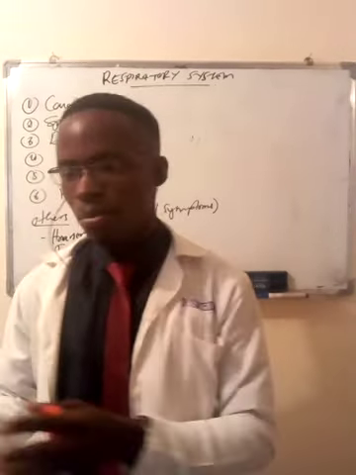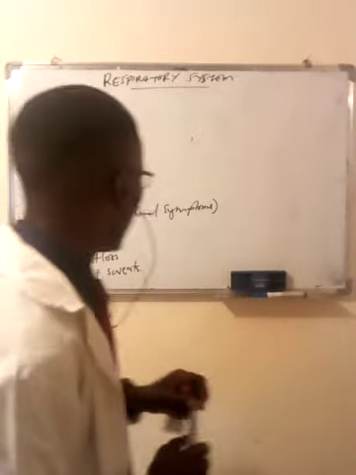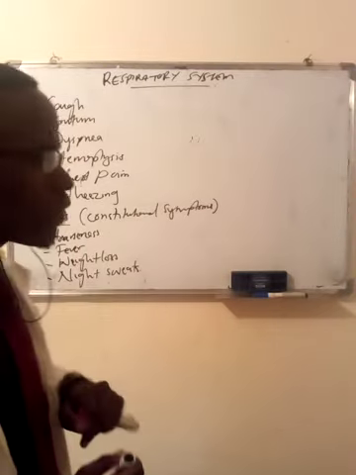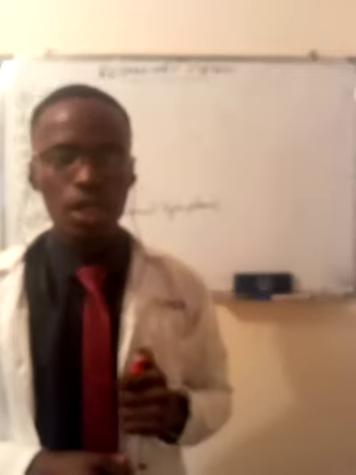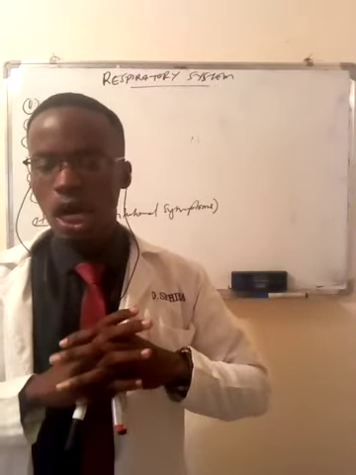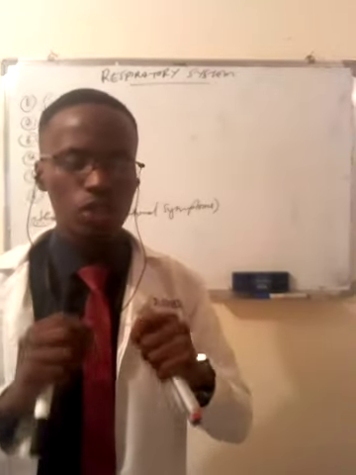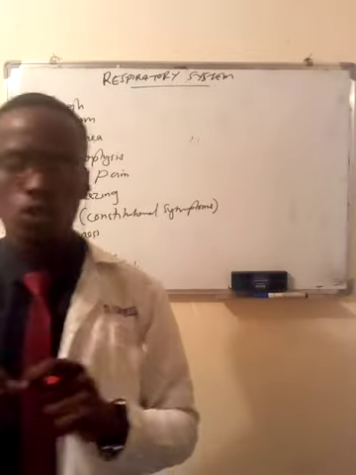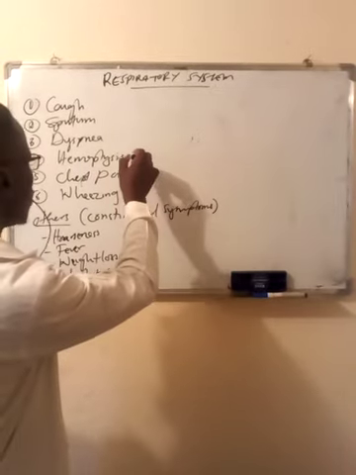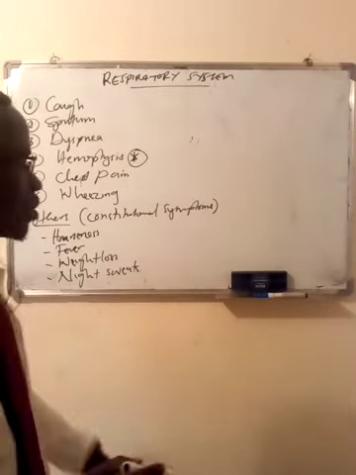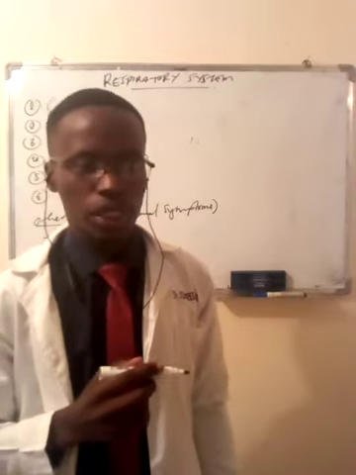Now, like we mentioned in the previous lectures, we should understand that in history taking, we ask the patient without using medical language or medical jargon. For example, hemoptysis is too big a term for a layman. So instead of saying hemoptysis, you can ask about coughing up blood.